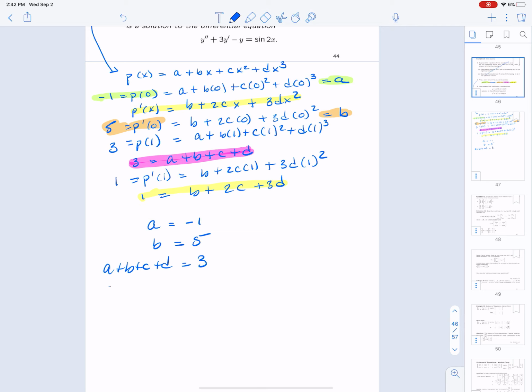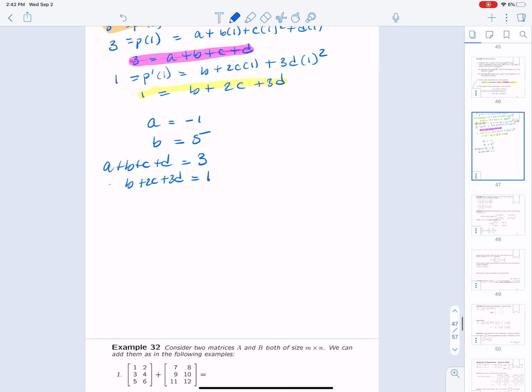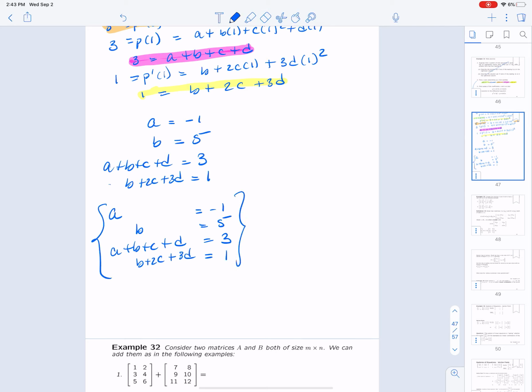And I've got b plus 2c plus 3d equals 1. So putting that in standard form, I get a equals minus 1, b equals 5, a plus b plus c plus d equals 3, b plus 2c plus 3d equals 1. That's my system of equations.